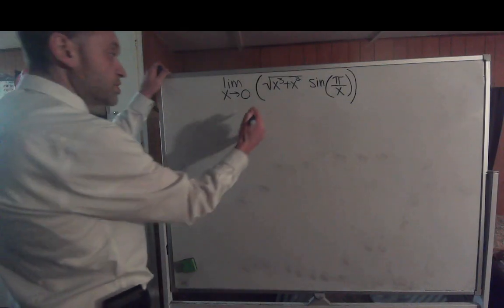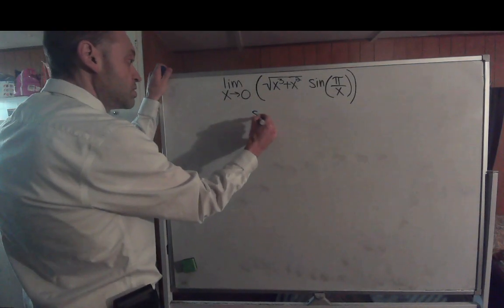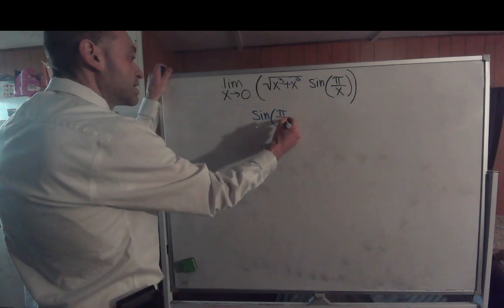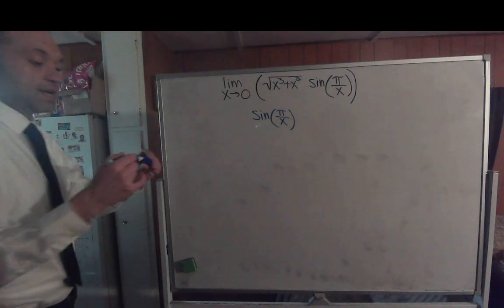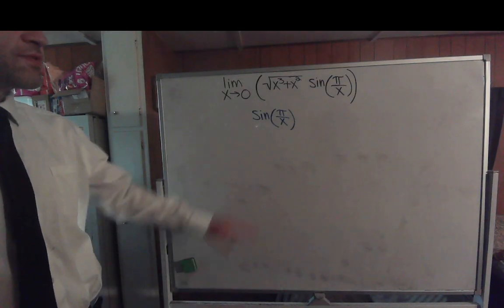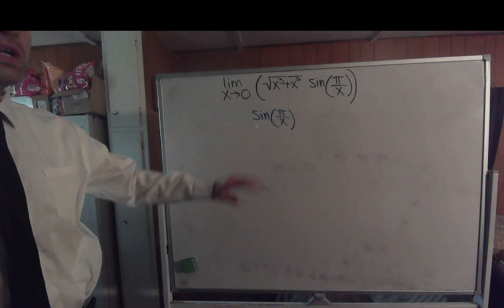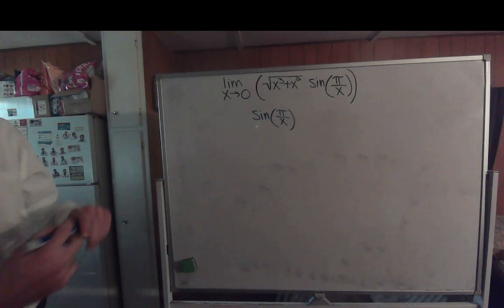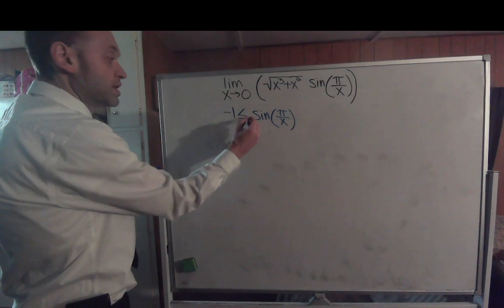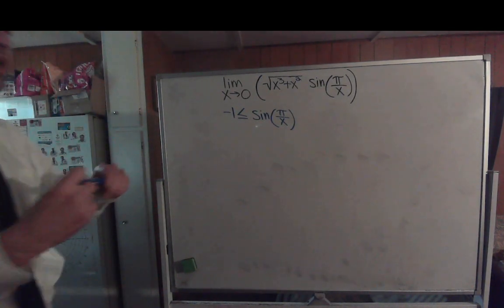Just deal with your trig function. So we're going to take the sine of pi over x. Again, now this is where the range of the function comes in. Whatever values of x I put in, the lowest value I could get is -1. So -1 will be less than or equal to that sine of pi over x.